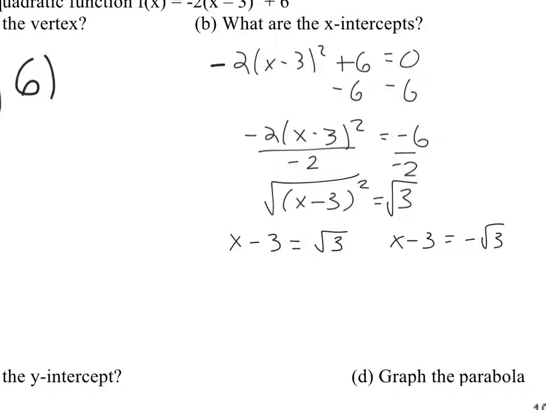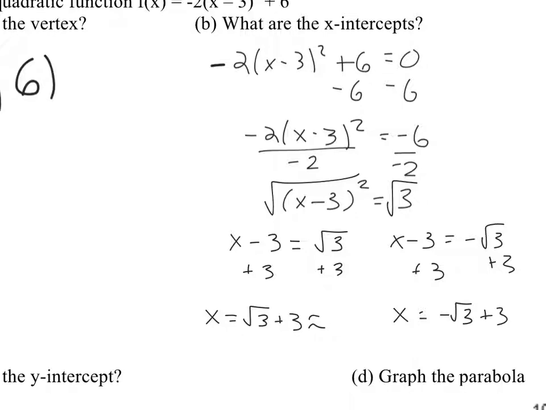To give the exact answer, it would be square root of 3 plus 3. That's my exact answer. For the other one, I would add 3, so my exact answer would be x equals the negative square root of 3 plus 3. But then to graph it, we're going to also want an approximate. So you can punch that into your calculator.